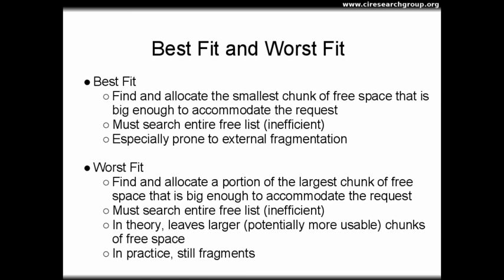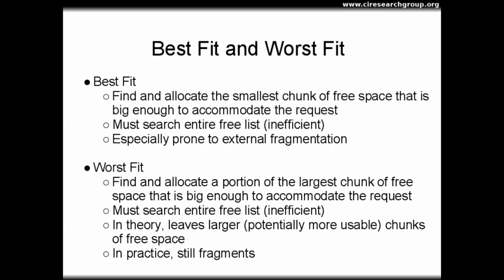An attempt to reduce the external fragmentation in the best fit algorithm is observed in the somewhat counterintuitive worst fit algorithm. Using the worst fit algorithm, the kernel finds and allocates the largest available chunk of free space, provided it is large enough to accommodate the request.